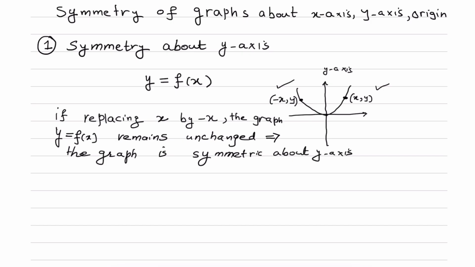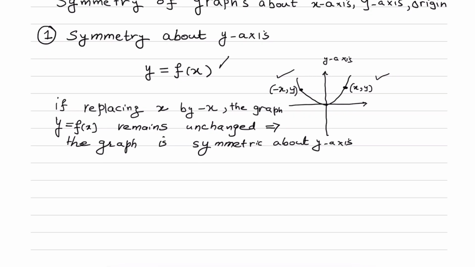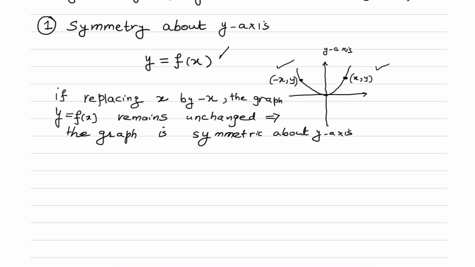Means for every x, y point that is lying on the graph, minus x, y also lies on the same graph. Or we can simply say that if we replace x by minus x and we get back the same shape, means the same graph that we started with, then we will say that the graph is symmetric about y-axis.